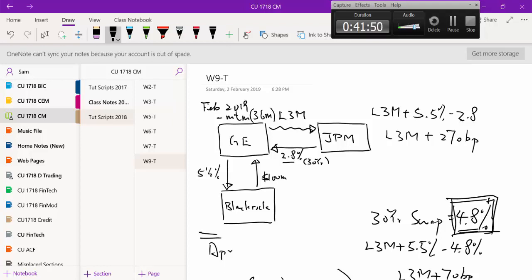Is everyone okay with that? Yeah? Now, here is when it gets interesting. For JP Morgan, on the other side, they actually have a positive mark-to-market, because, as I said, your gains, your losses are my gains. It's kind of a zero-sum game.